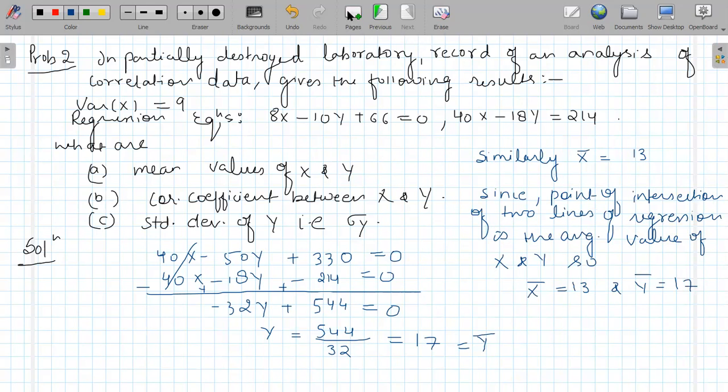Now we find the correlation coefficient between x and y. To find the correlation coefficient, we find the regression coefficients first of all. So we are given the regression line as 8x minus 10y plus 66 is equal to 0, and the second equation is 40x minus 18y is equal to 214.